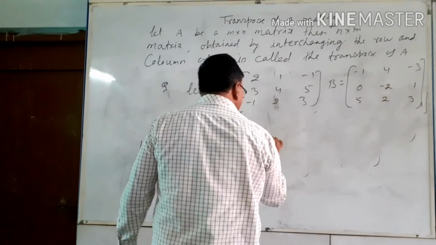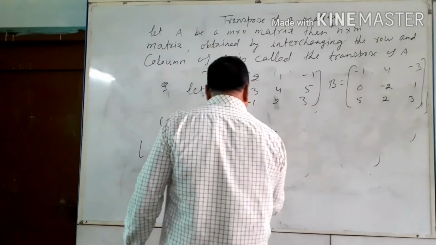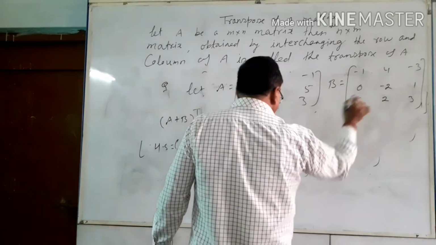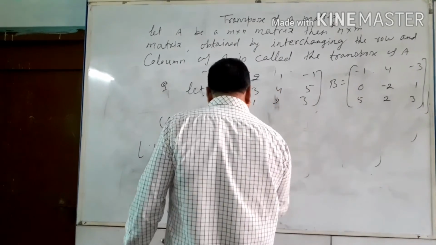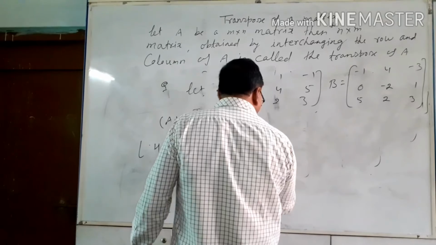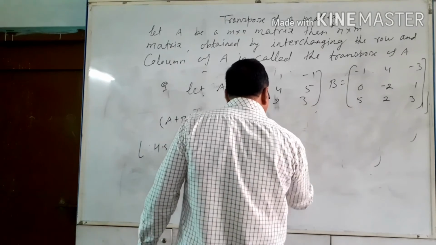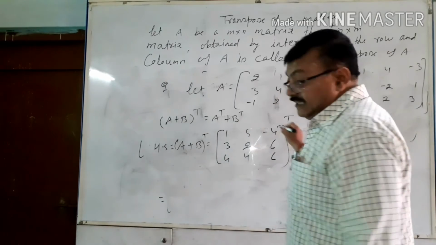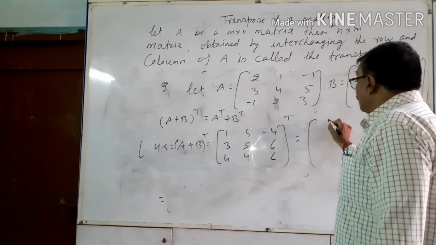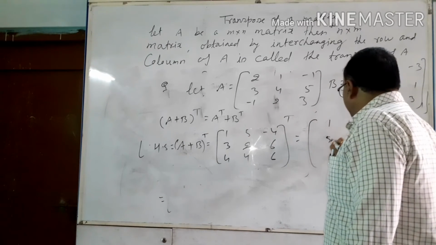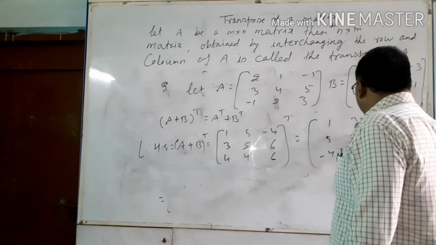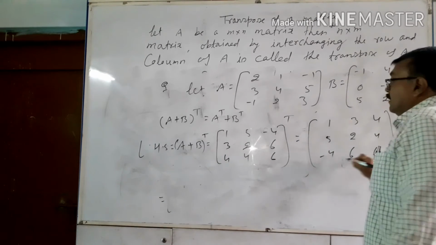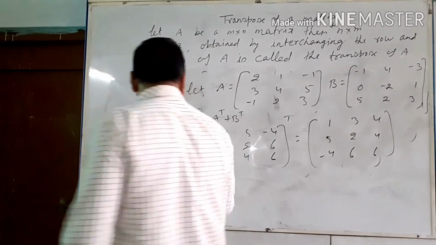Minus 1, minus 2 is minus 4, 3, 0 is 3. 4 minus 2 is 2, 5, 1 is 6. Minus 1 and 5 is 4, 2, 2 is 4, and 3, 3 is 6. And the transpose is just changing rows into columns: 1, 5, minus 4, 3, 2, 6, 4, 4, 6. This is (A plus B) whole transpose.